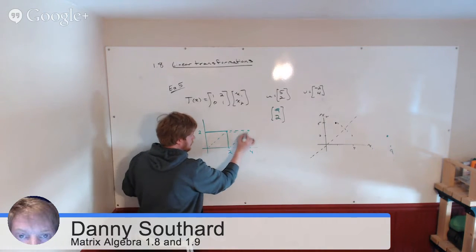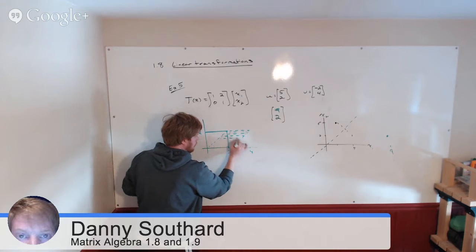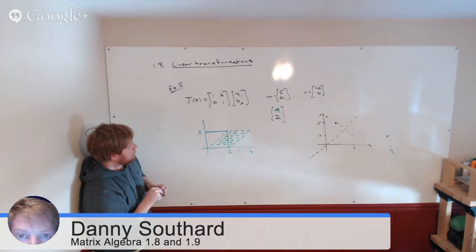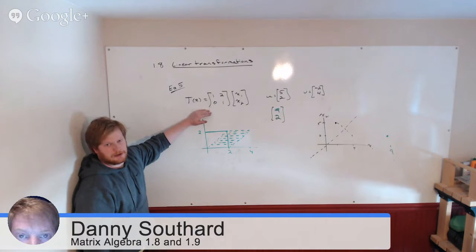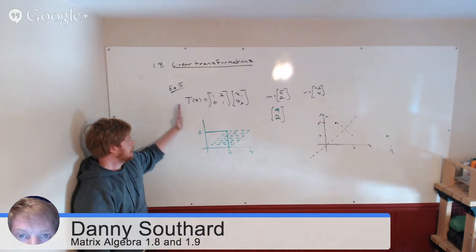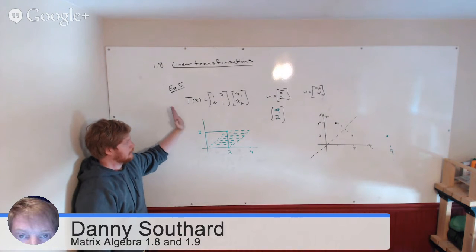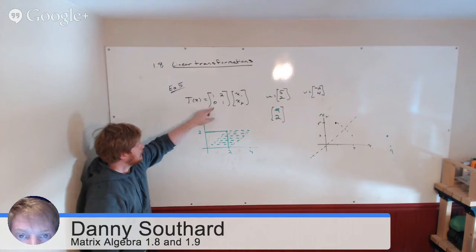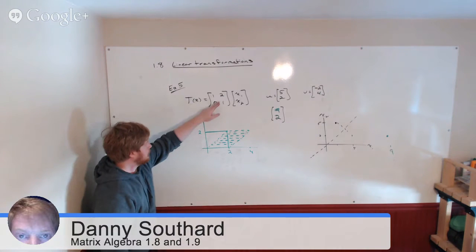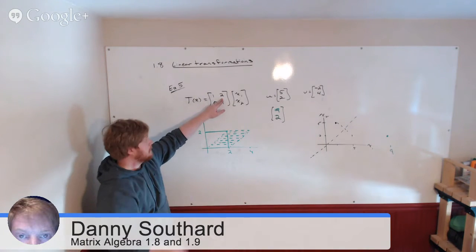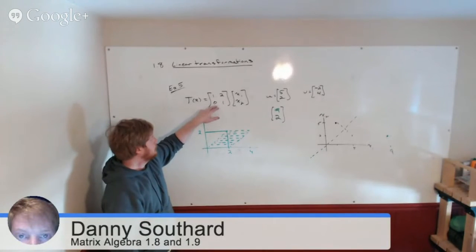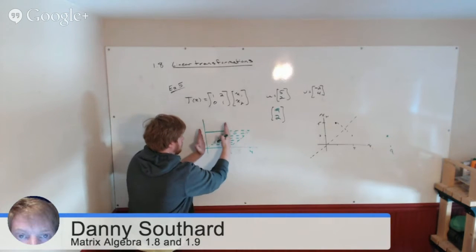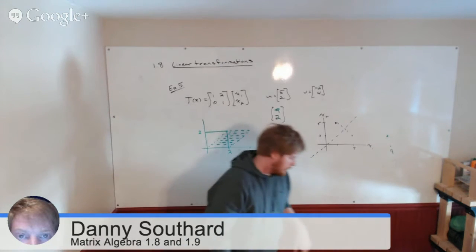So that would be my new space, from here to there, and this is called a shear transformation. We're shearing everything to one side or the other. Obviously, maybe I don't want to shear in the x1 direction. Maybe I want to shear in the x2 direction. That's fine. I would have a 0 here and some other value here, and in that case, I would be shearing either this way or this way, depending on whether the value is positive or negative.